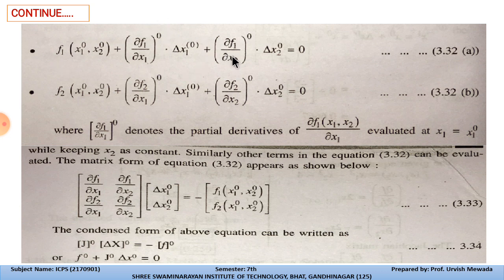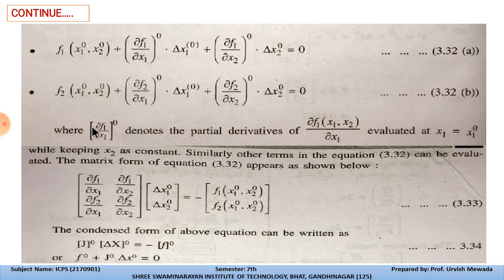Now plus del f1 by del x2 raised to 0 into delta x2 raised to 0. So we are using both the variables in f1. Now f2 will be the same equation, but since the function is 2, del f1 becomes del f2. Only this changes from the previous equation.